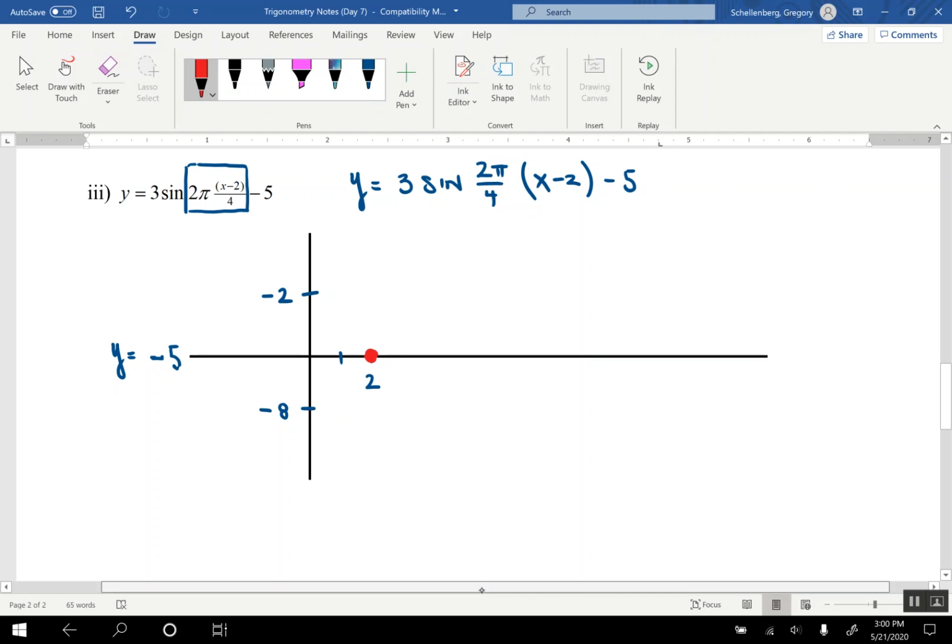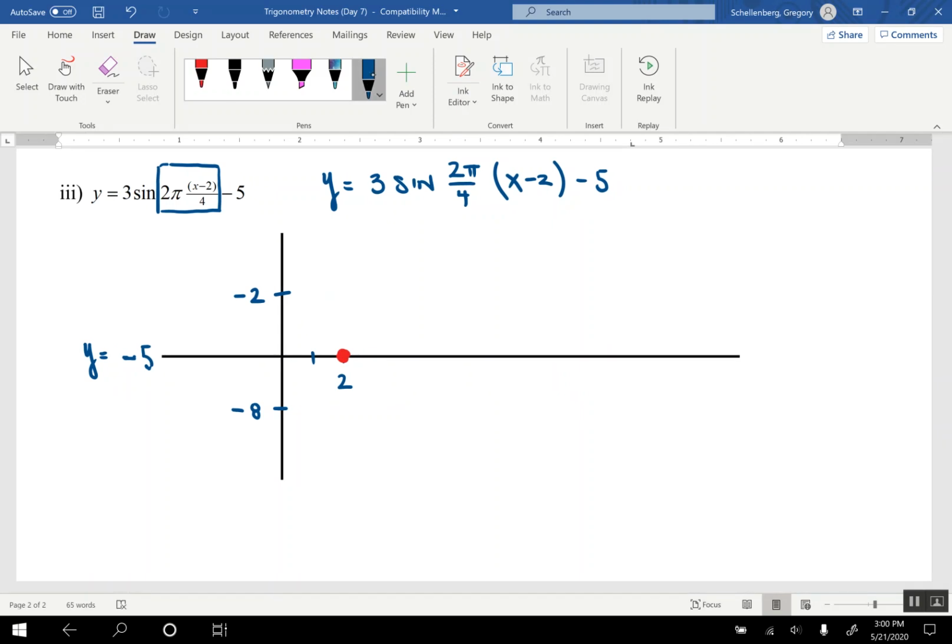Okay, now our sig points, let's determine our period first. So T is equal to 2 pi divided by b, and b is 2 pi over 4. So our period is 4, and so our sig points will occur every quarter of a period. Period's 4, divided into 4 equal parts.